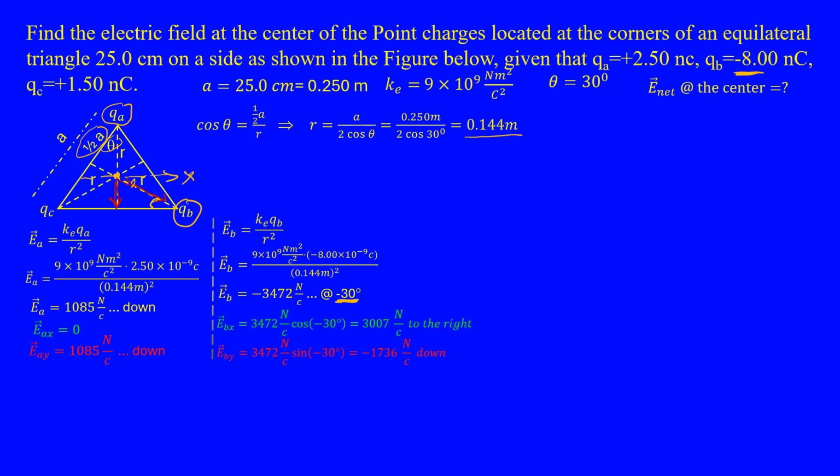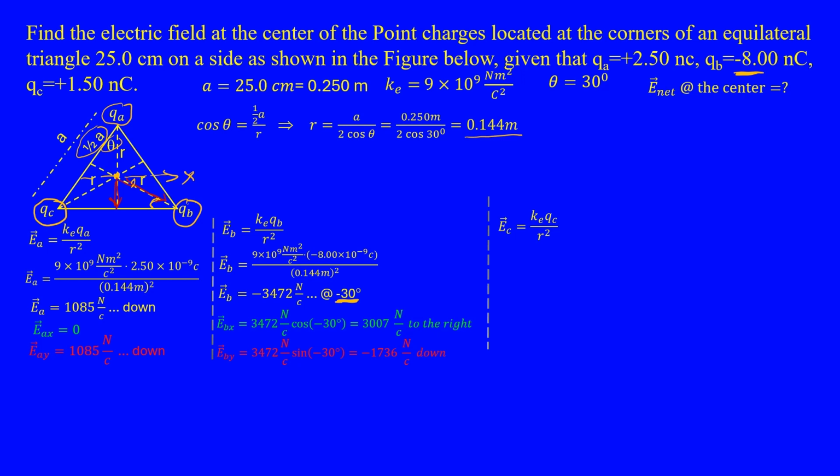Alright, so what is the electric field due to charge C at the center of the equilateral triangle? Let's do the same thing here. The electric field at C will be equal to the electrostatic constant multiplied by the charge at C divided by r squared. So what is the direction going to be?